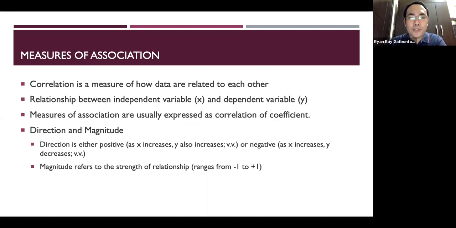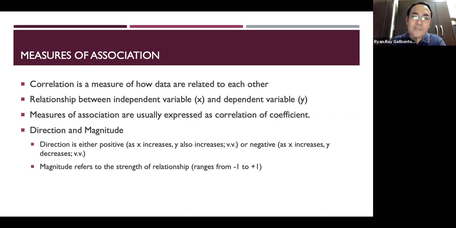Now, to measure the association, it is usually expressed as a correlation coefficient, wherein the direction and magnitude are explored. When we say direction, it is either positive or negative. When we say a correlation or association is positive, we know that as X, the independent variable, increases, the Y variable, or the dependent variable, will also increase.